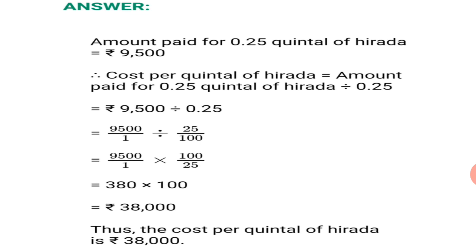Thus, the cost per quintal of Hirada is rupees 38,000.